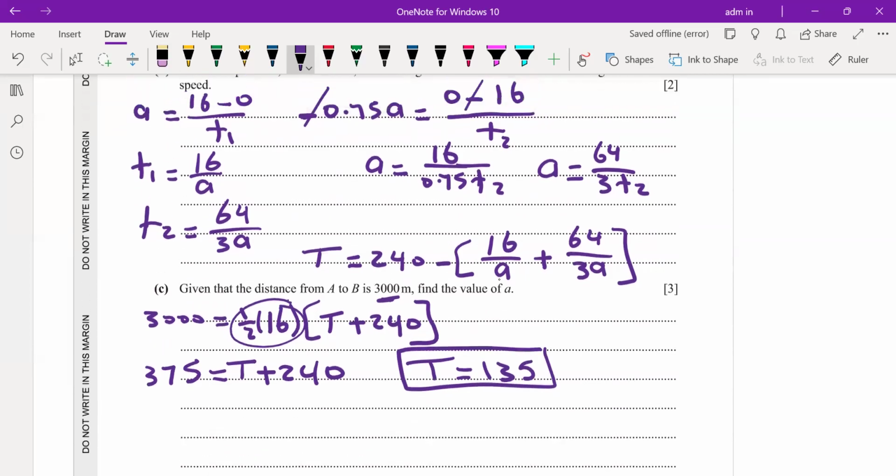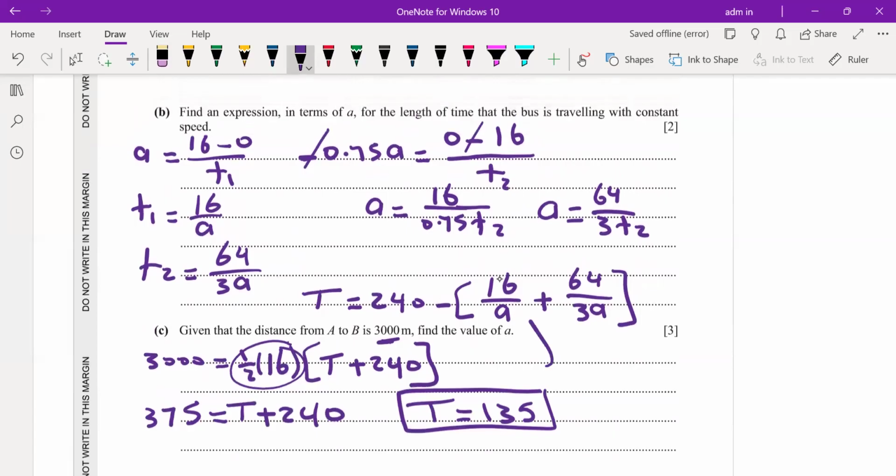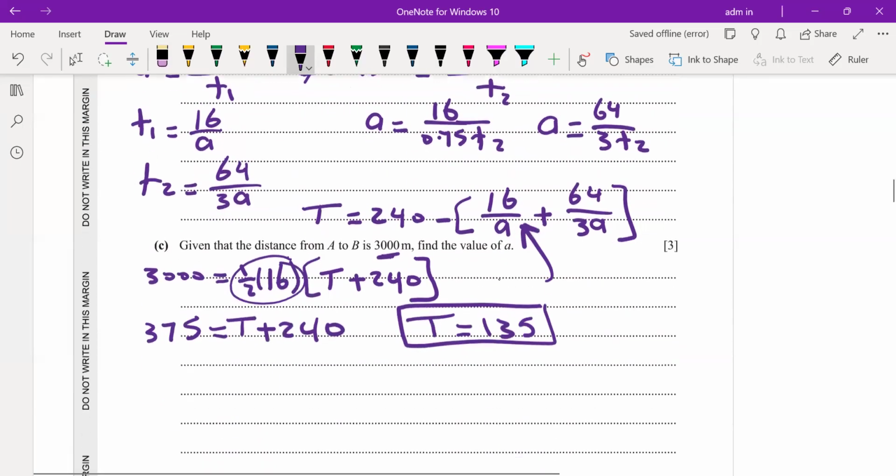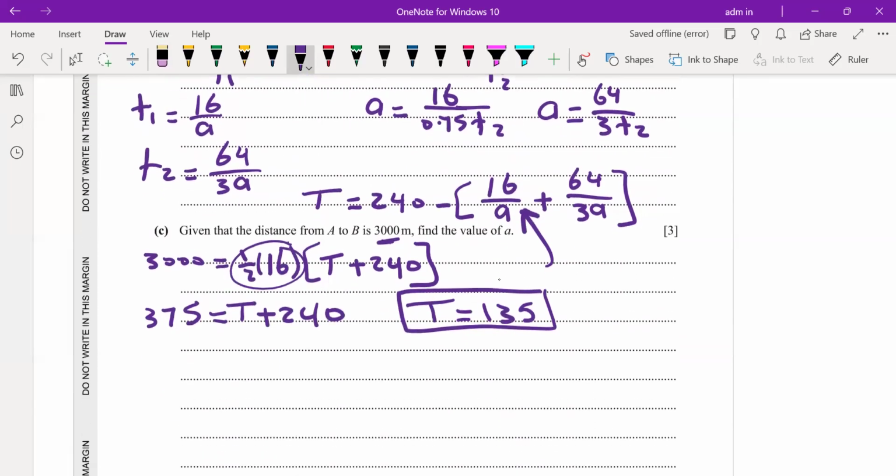If we go back to part B, T is equal to 135. From this equation, you can calculate the value of A. Substituting T as 135, write 135 is equal to 240 minus 16 over A plus 64 over 3A.